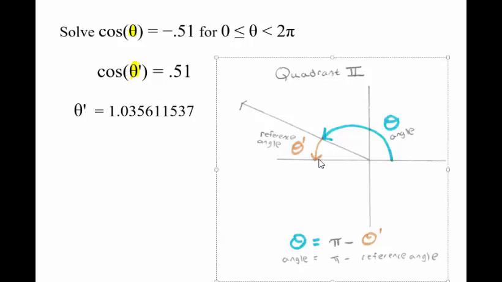By doing so, you've gone too far because we only wanted this blue amount of rotation, and pi radians is a little bit too far. So what you have to do is take pi radians and subtract theta prime, which I've denoted in orange. If you take pi and subtract off theta prime, it'll give you theta.